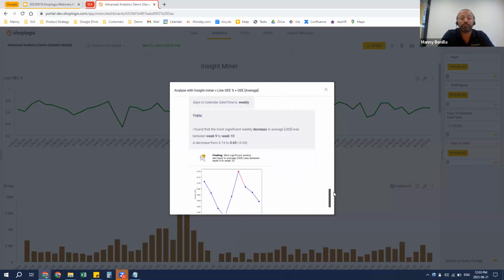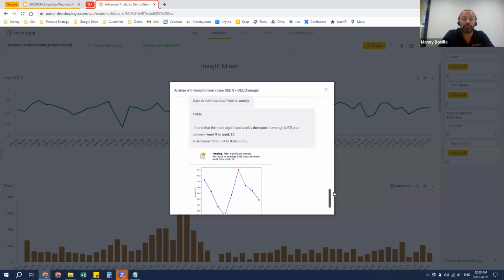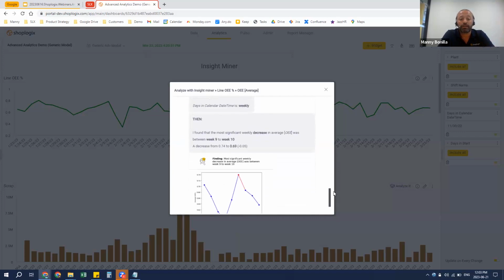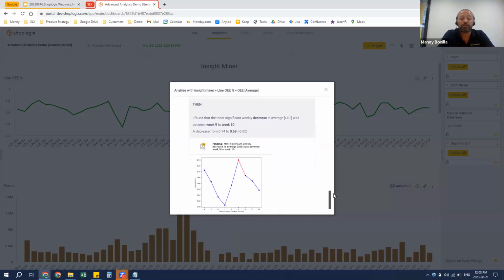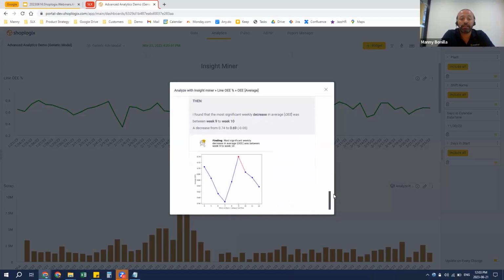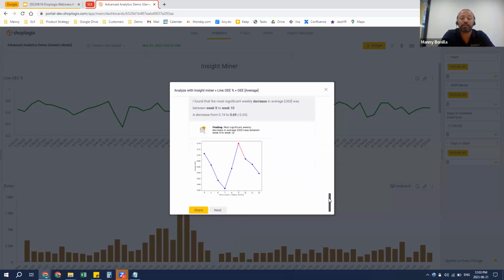This one again, maybe potentially because of the feedback from earlier, is looking at weekly again. It's looking for the biggest weekly decrease in the OEE and calling that out as an insight.